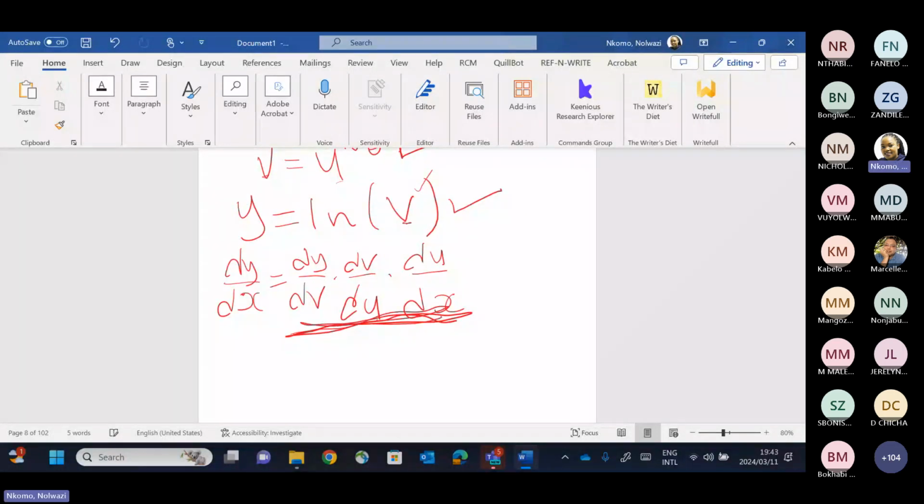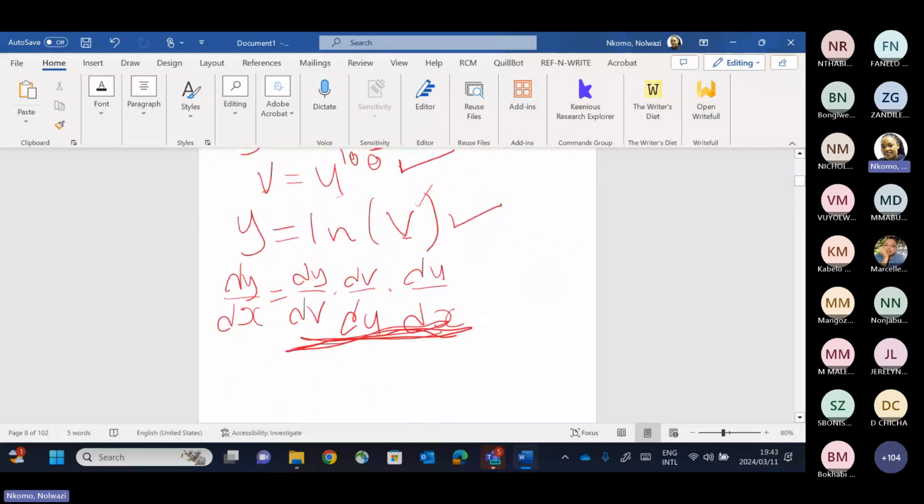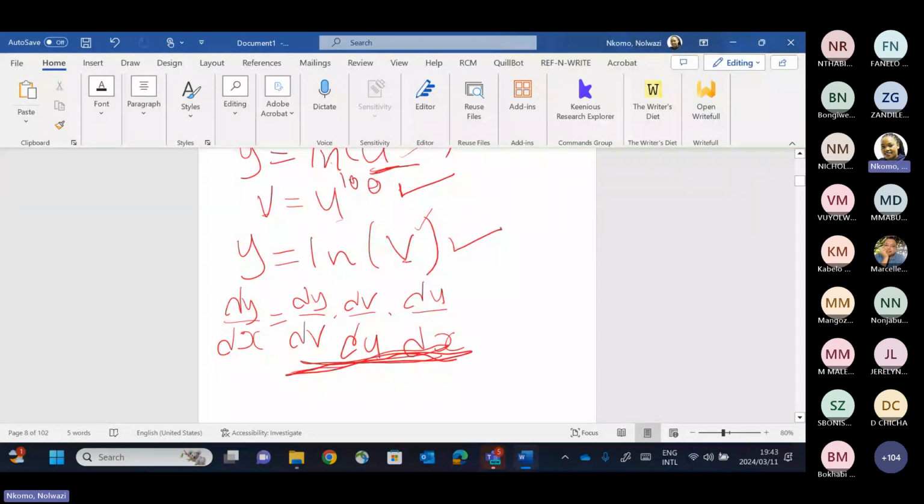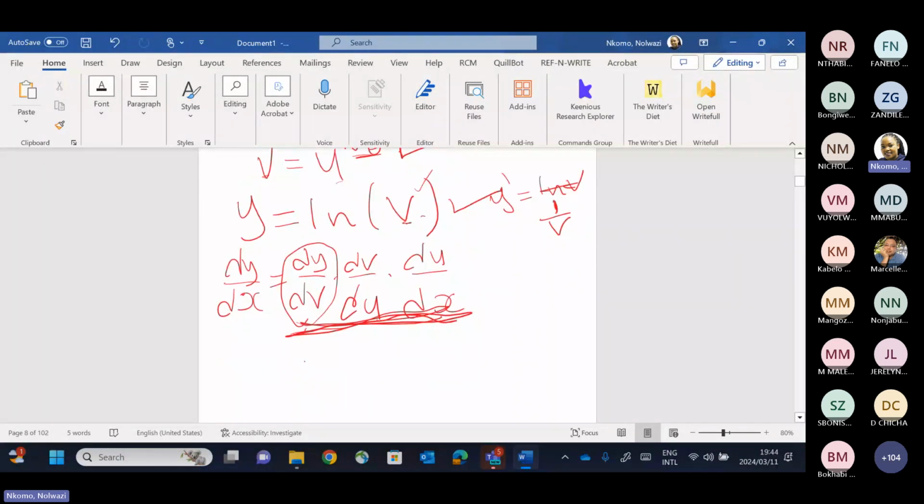Because, for example, if we differentiate this, ln v, you'll have 1 over v. Already you have v, which you don't need in your final answer. But you know that v is equal to u to the power 100, right? Okay, let's do this. You'll have 1 over v, right?